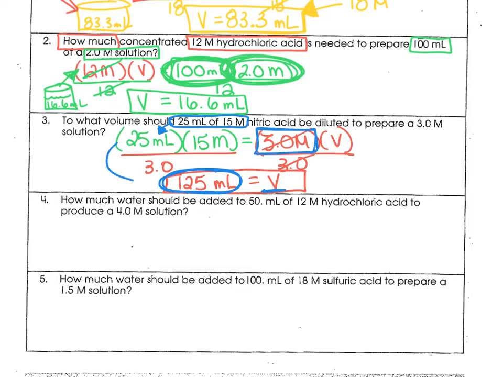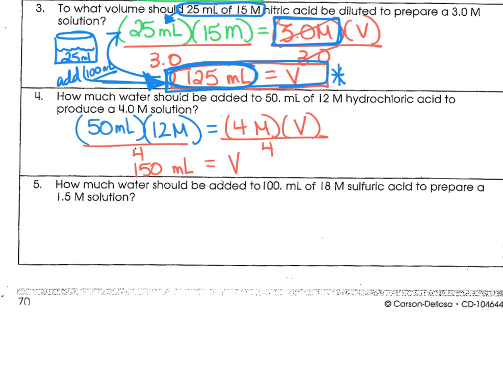How did I know 100 milliliters? Well, I went into my storeroom and I got 25 milliliters, it says. Well, my new volume needs to be 125 milliliters. So I'm going to add 100 milliliters of water to this so that my new total solution is 125 milliliters.